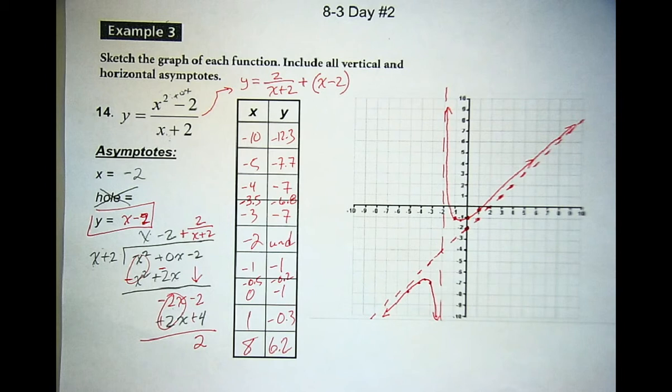You've now seen what asymptotes do horizontally, right? So before we move on to today's assignment, I want to make sure that we are very clear on how our horizontal asymptotes work. All right.